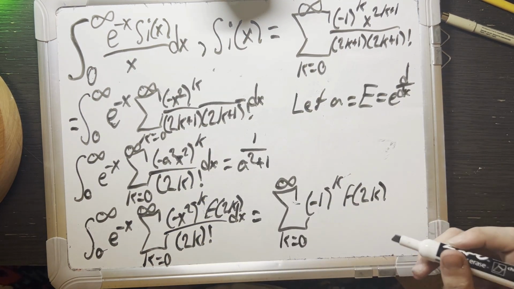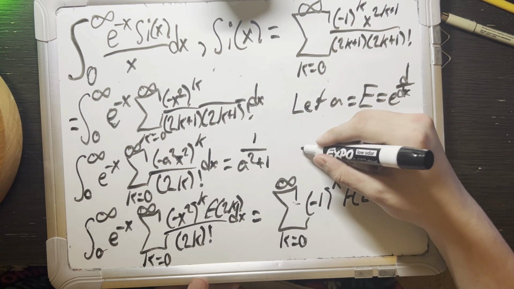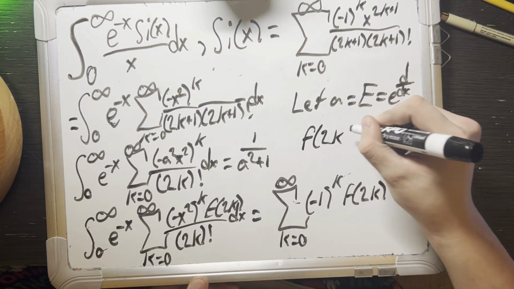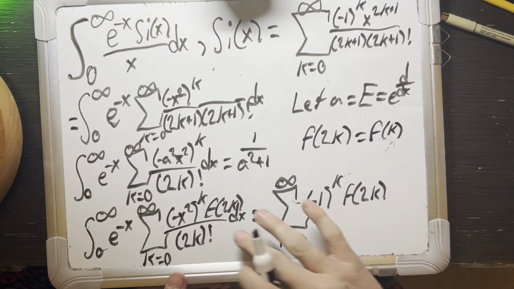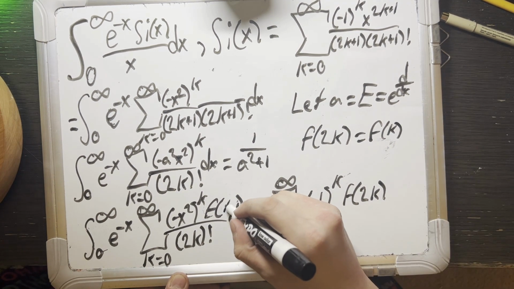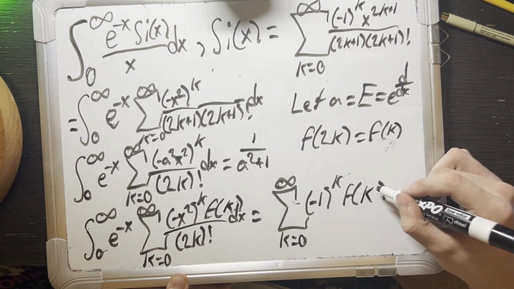So here, just a simple transformation. I'm going to let f of 2k equal f of k, all right? So I'm just going to turn the argument to f of k, because it's the same on both sides. So there.